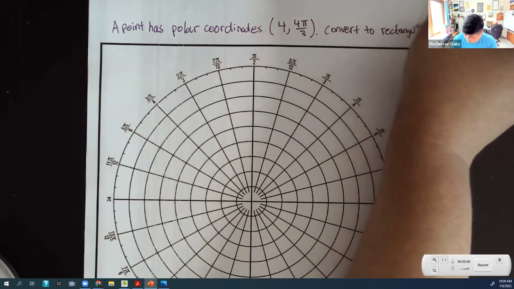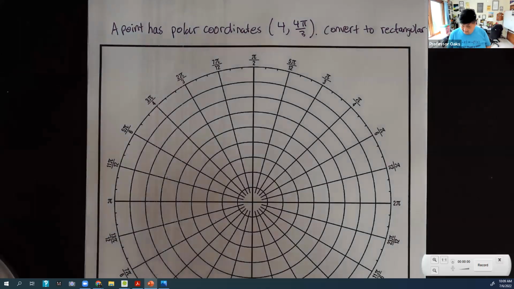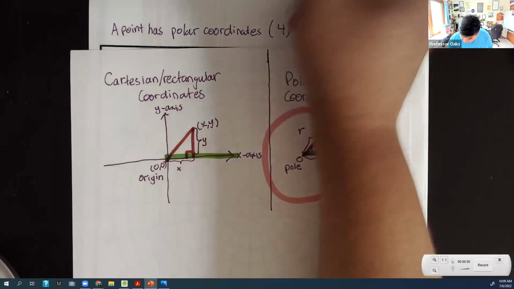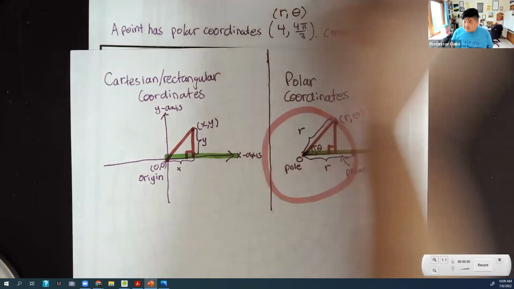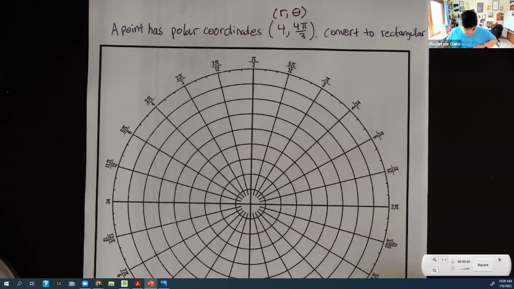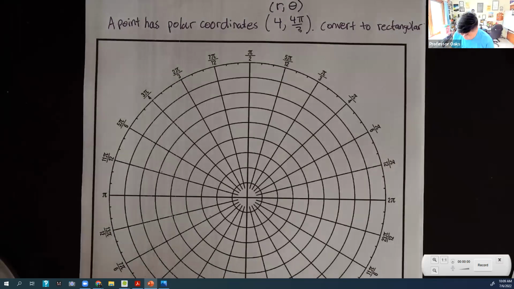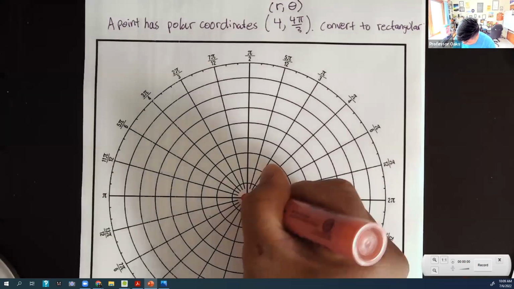So what is really going on is that, remember that in polar coordinates, this isn't X and Y, it's the R and the theta. So R and theta. Now, it's really up to you how you do this, but I would start at the pole and then go over to 4.